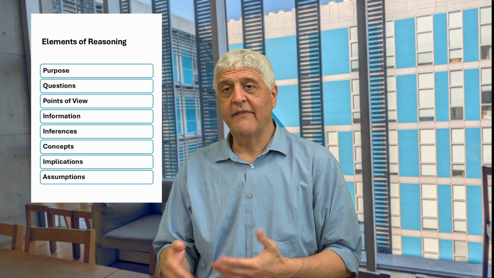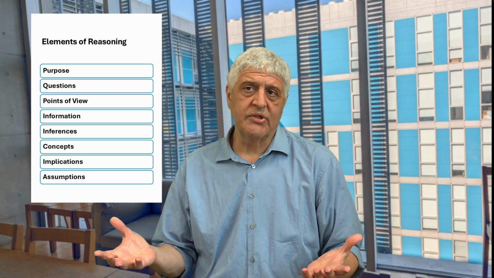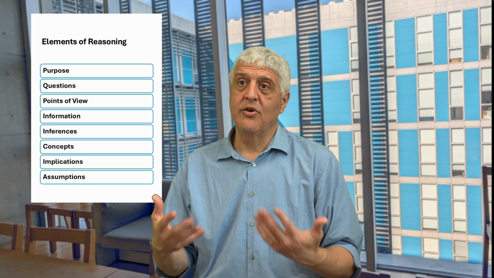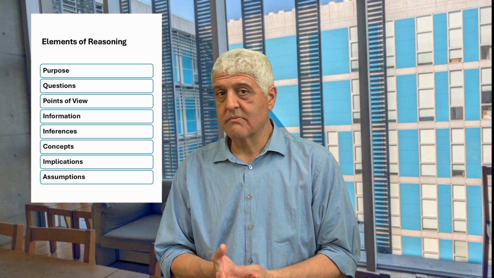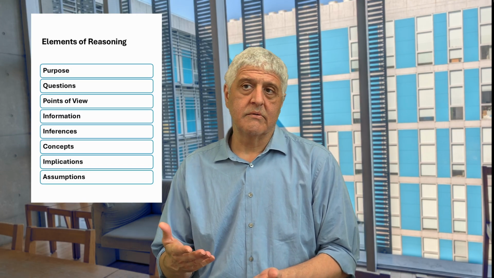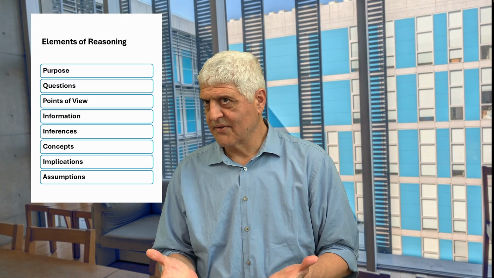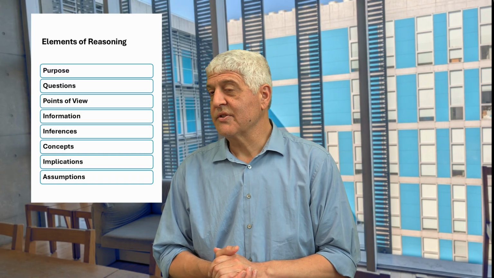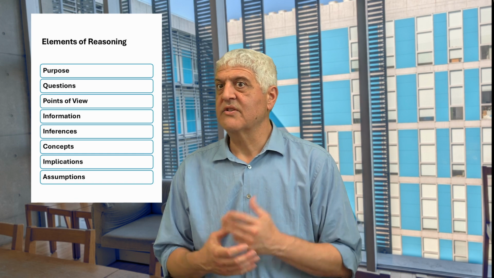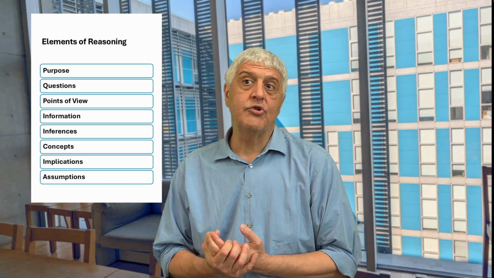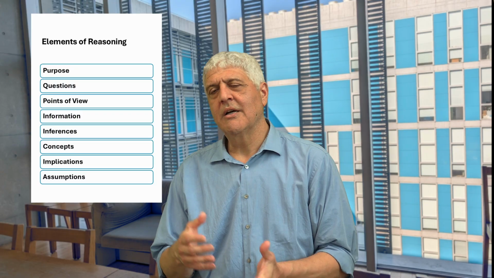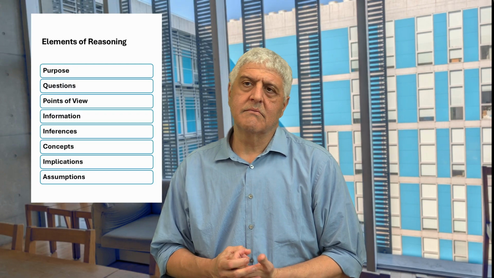And later, if I'm coming up with possible solutions, I have to evaluate any solution I might come up with as well. So I have to look at, what do I think the purpose of my solution is? What are any questions related to my solution? What are any conclusions I'm drawing about this solution?